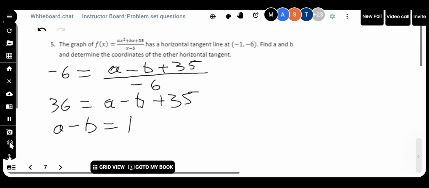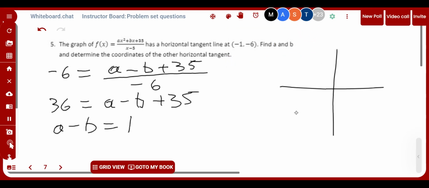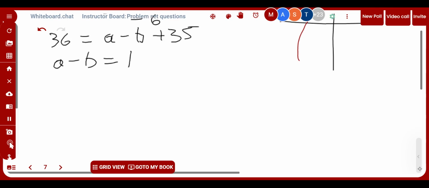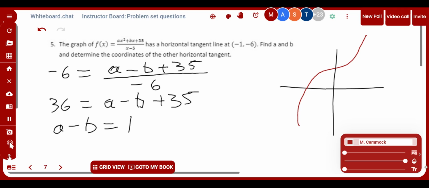A horizontal tangent. Well, there's one other possibility, I should say. I'm glad you brought that up, Stephen, because you could have a horizontal tangent if you have a cubic function that looks like that. I'll just put this on the side here, in a different color. You would have a horizontal tangent somewhere around here.